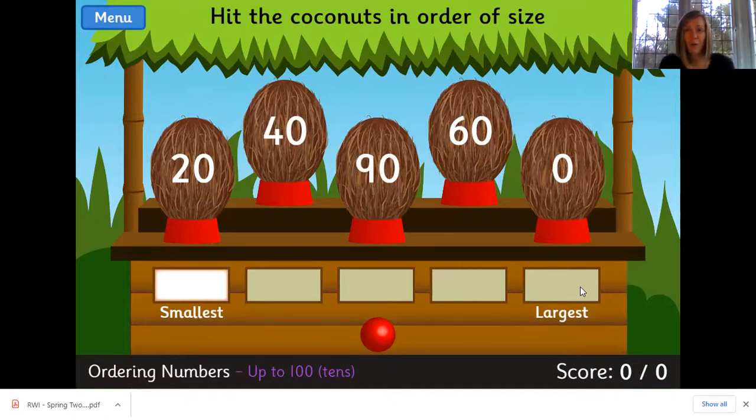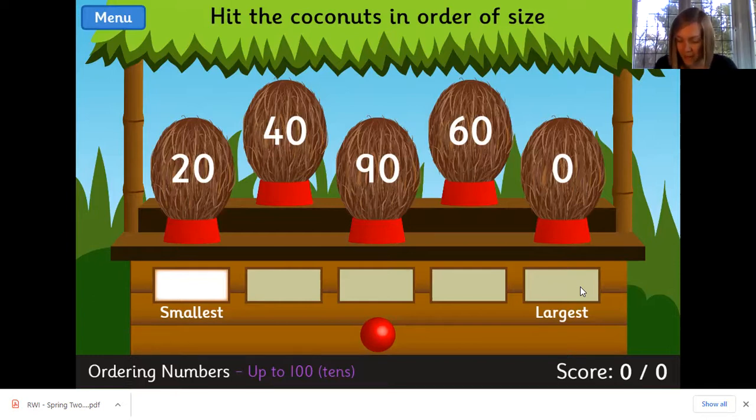So I'm going to have a go on my whiteboard. I'm going to put the smallest number first. And what would be the next smallest? I've got to look at my tens. I think I've got that. Going for that middle number. Oh, I'm just checking that my numbers are the right way around on my whiteboard.